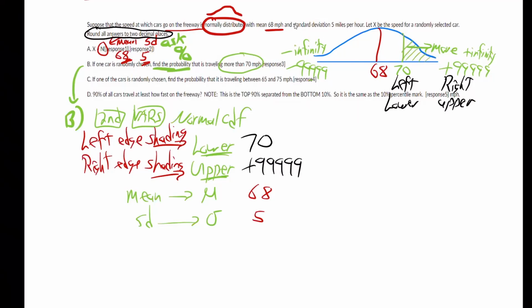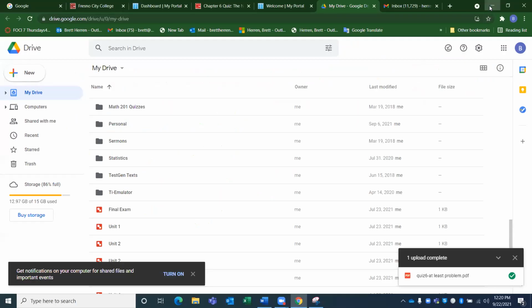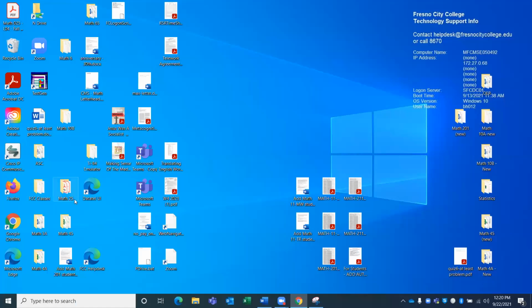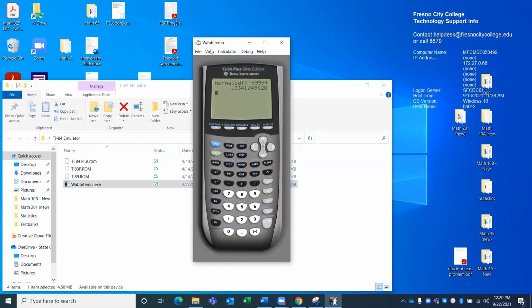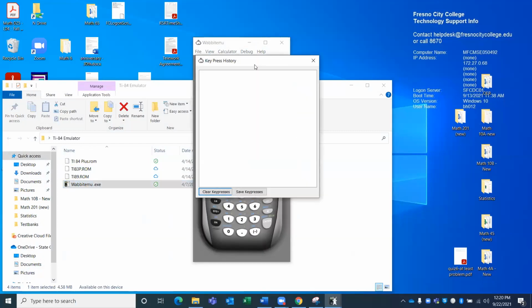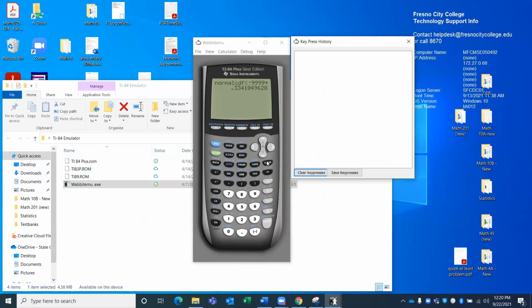Okay, now I'm going to go to the calculator and show how to do this on the calculator. So we hit second VARS and go down to normal CDF, hit enter.